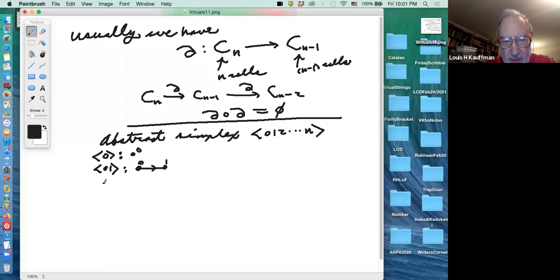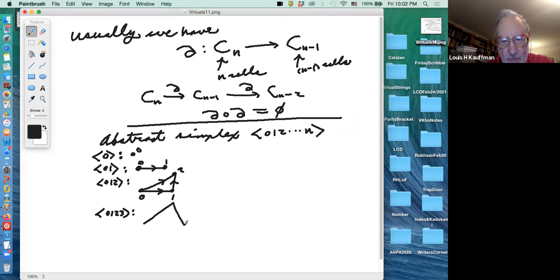This could be any index. 0, 1, 2 is something like that. And of course, higher dimensional things will come up. 0, 1, 2, 3 will be a tetrahedron.